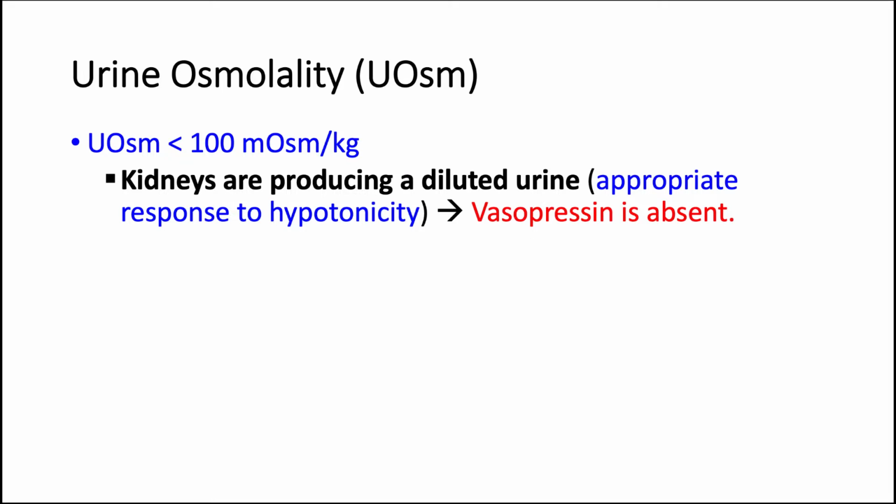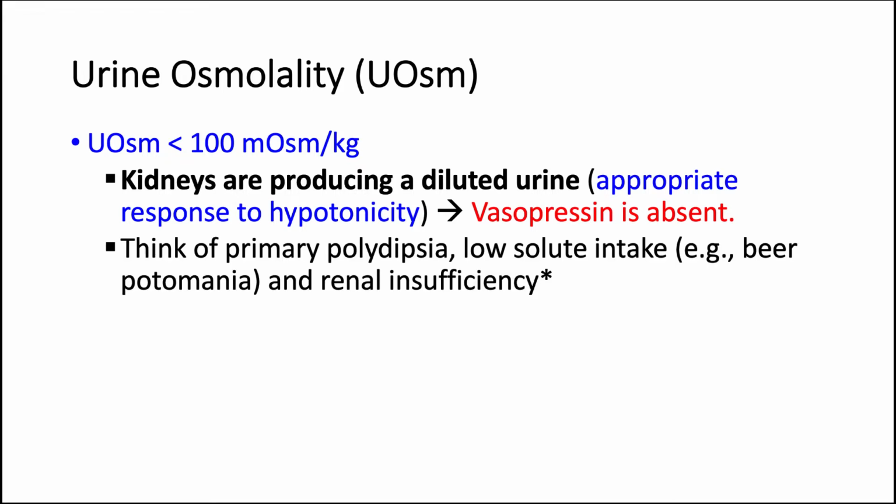If that's the case, that means that there is no ADH present, there is no vasopressin in the blood. And that narrows your differential to three things: primary polydipsia, low solute intake, which could be beer potomania or tea and toast diet, or some other form of low solute intake, and renal insufficiency.